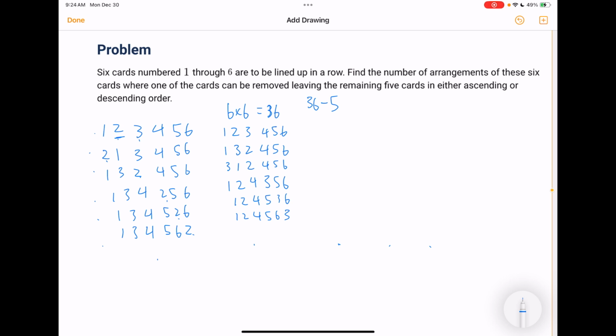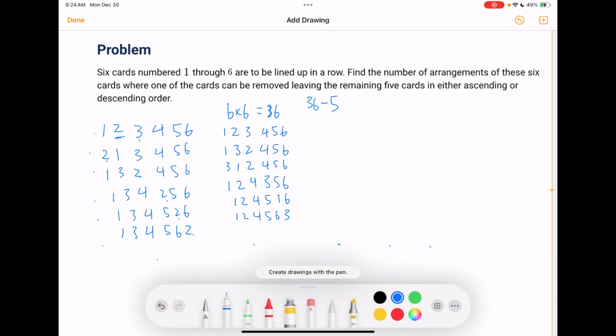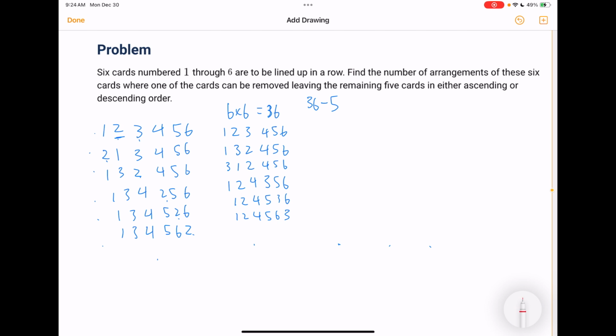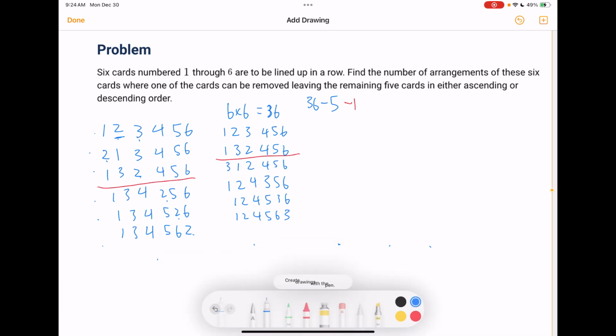And then we also see that in these 2, we have 1, 3, 2, 4, 5, 6 and 1, 3, 2, 4, 5, 6. These 2 repeat as well. So that means we can subtract 1, because 1, 3, 2, 4, 5, 6 repeats.